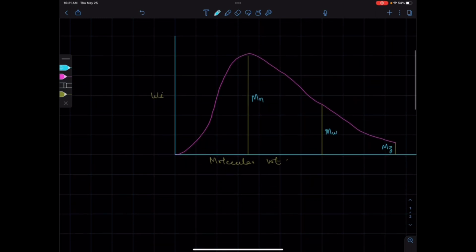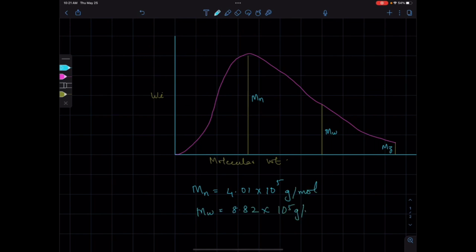In the table, we see that Mn equals 4.01 times 10 to the power 5 grams per mole, and Mw equals 8.82 times 10 to the power 5 grams per mole. So Mn and Mw are approximately 1:2.